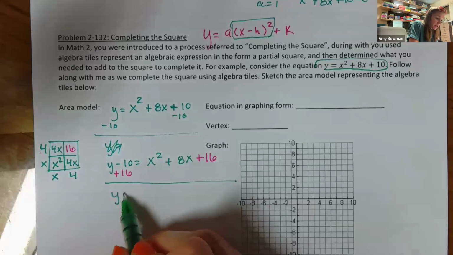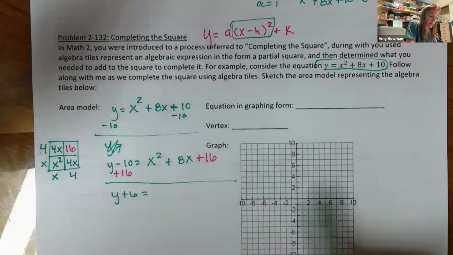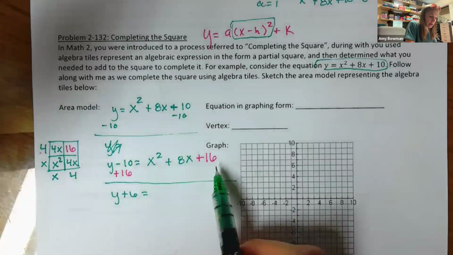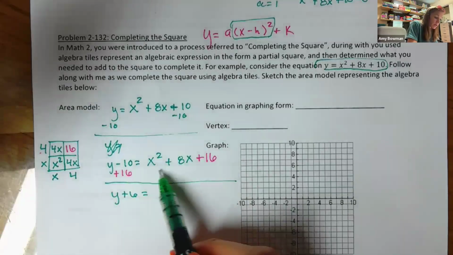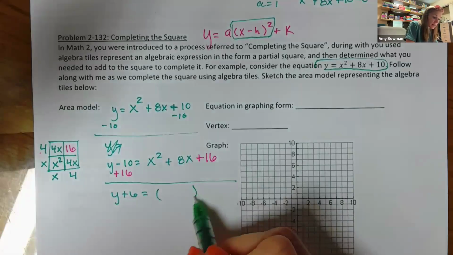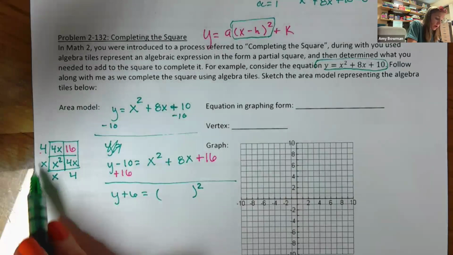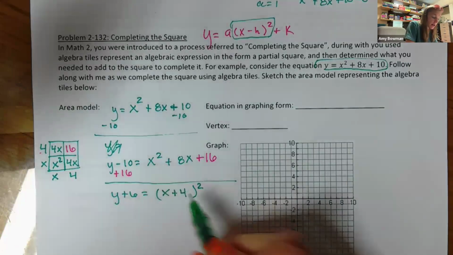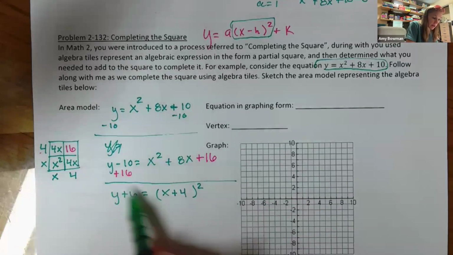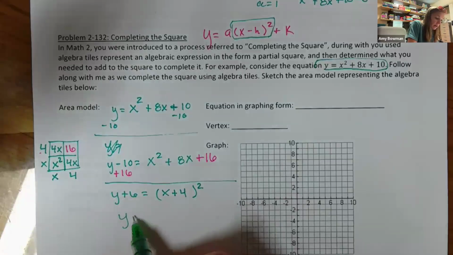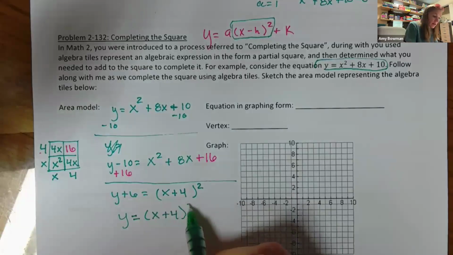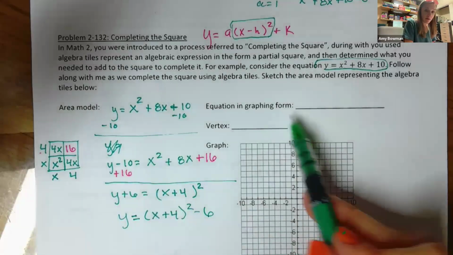So y plus 6 equals, and now instead of writing x squared plus 8x plus 16, since it's now a perfect square, we can write it as those dimensions squared. So x plus 4 squared, and then all we have to do is subtract the 6 back over, and we have x plus 4 squared minus 6, and now it is in graphing form.